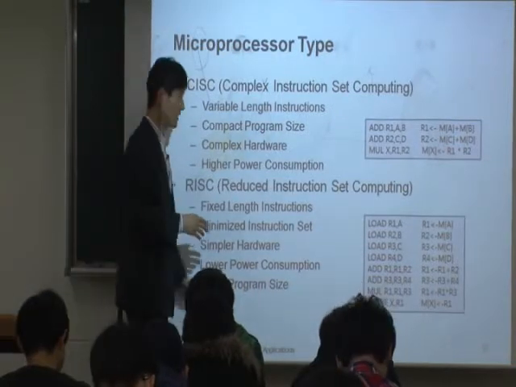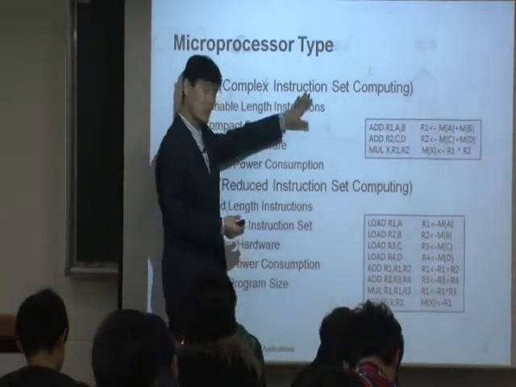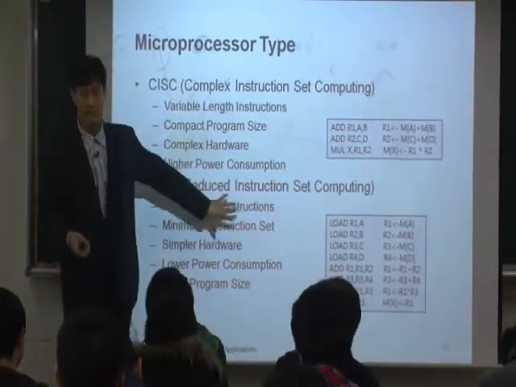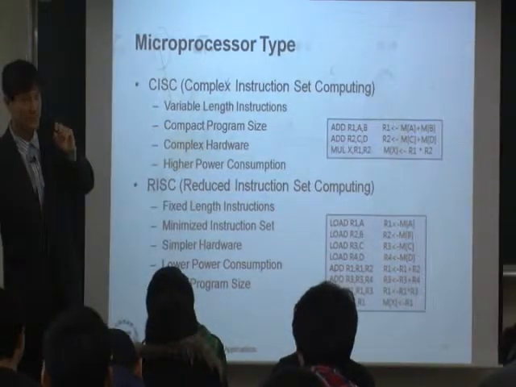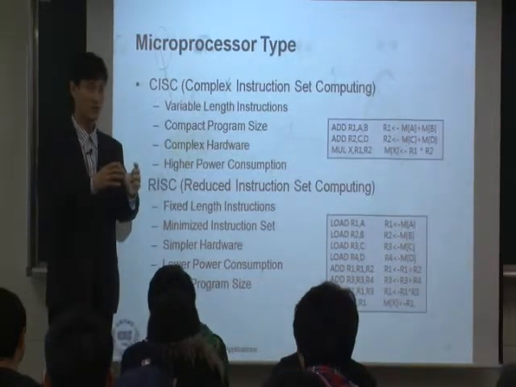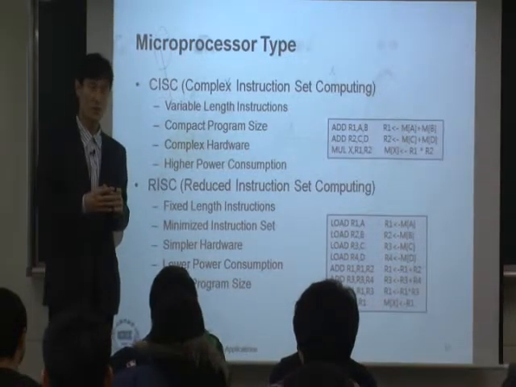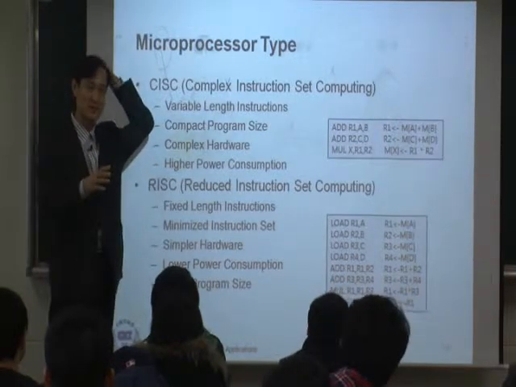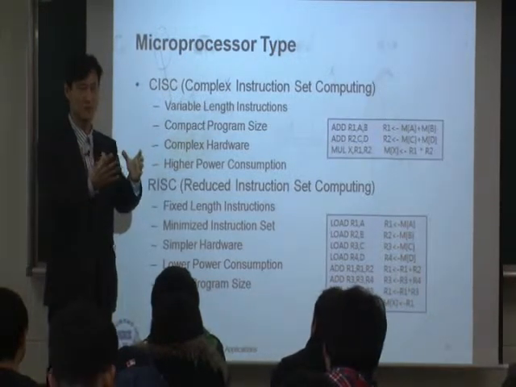So here's an example. Let me compare these two. It's easier to understand. In the RISC processor, the only instructions you have are like addition, subtraction, load, or store. That's it. I'm giving you just an example, okay?